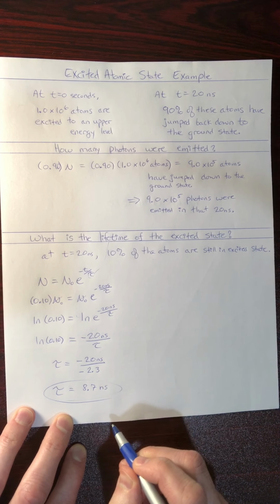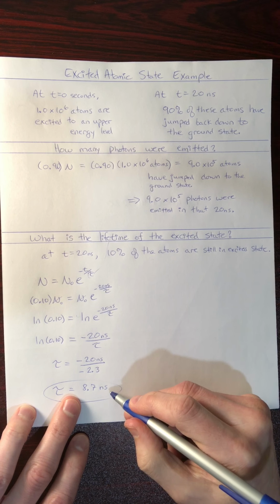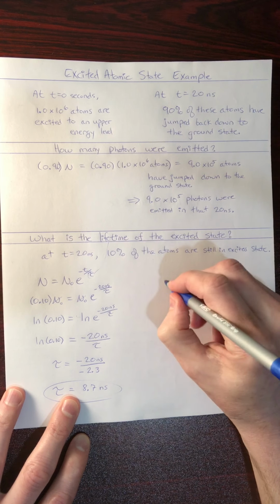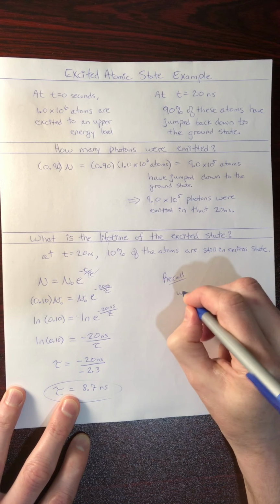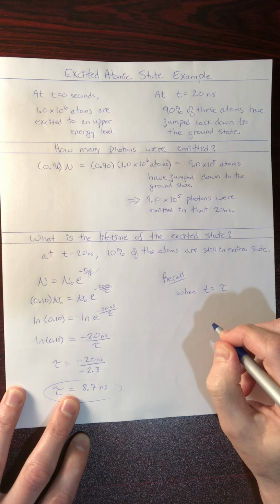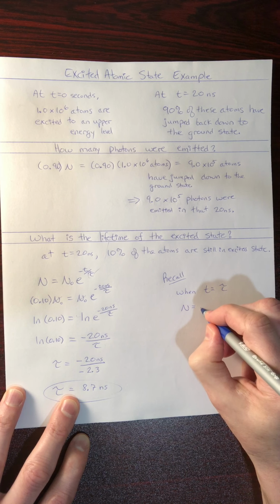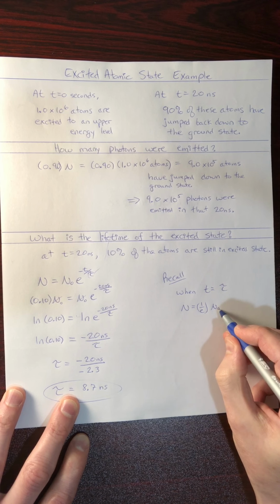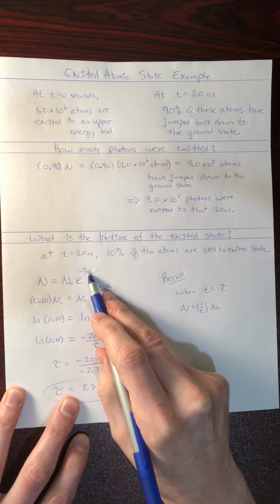So there's our lifetime. Now, does it make sense? Because this is a smaller amount of time than this is. But yes, this makes sense because, recall that, when t is equal to tau, we have our remaining number is a factor of 1 over e times N naught, right? Because our t is going to be tau, so this will be negative 1.